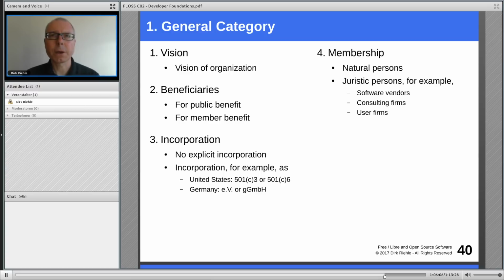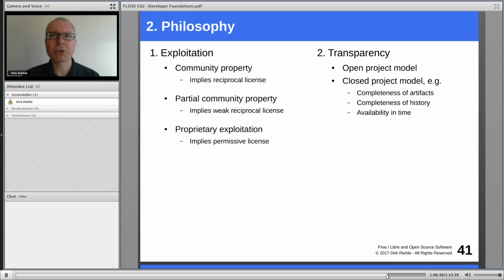In general, in the bylaws, you typically need to define the vision and mission of the foundation. You choose a particular incorporation, typically for public benefit or for member benefit, and incorporate accordingly. You need to define whether you want natural people or legal people to be members of the foundation. And you typically create different member levels, grades of membership.